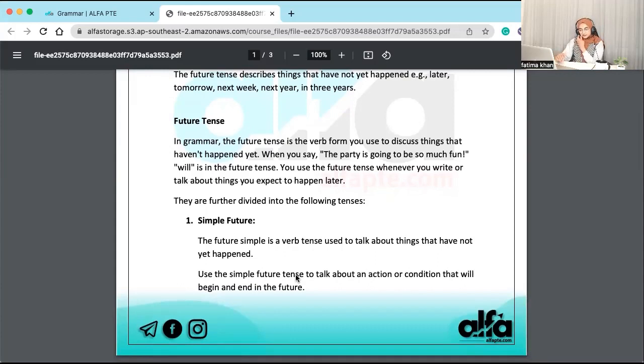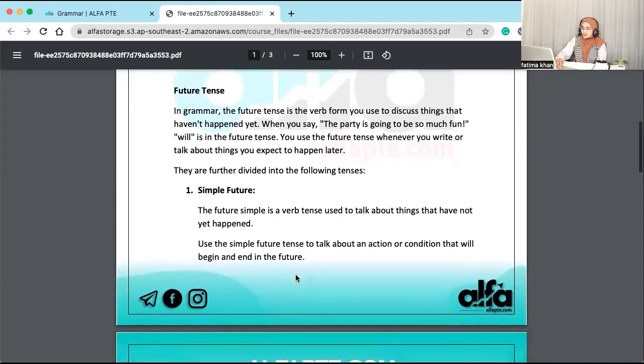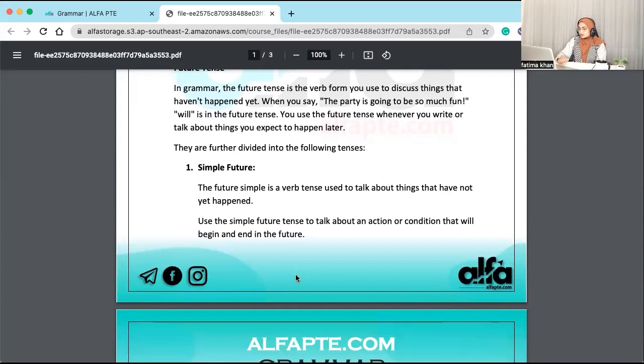So these four types of tenses, like the past, the other two. What is simple future? You use the simple future for actions that have not happened yet but will happen later. All right? In a simple manner, like the name itself says. To form the simple future, you just place the verb will before the main verb.